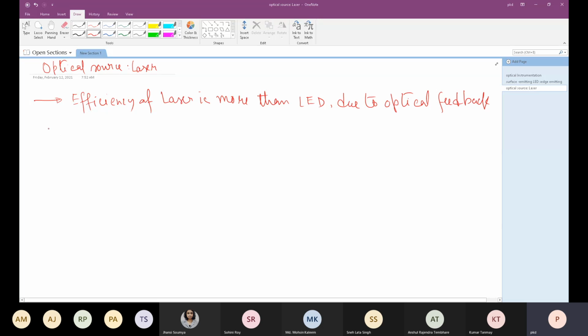In case of gas laser, it is called population inversion, which gives rise to the stimulated emission. And in case of semiconductor lasers, it is effective inversion. Effective inversion is nothing but increase of the carrier population to a very large value in a small active area or narrow active area. That gives rise to the stimulated emission of radiation plus this optical feedback.